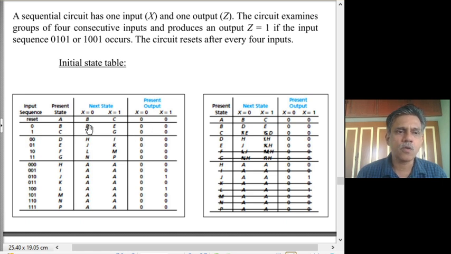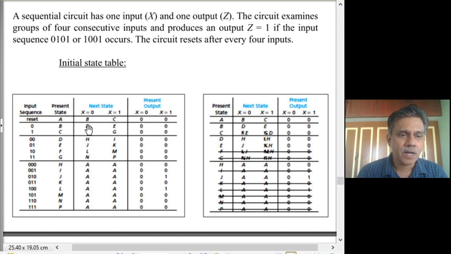So now from B you have gone to D or E, from C you have gone to F or G. 2 bits have come. So now when you get the third bit, you can be in any one of these 4 states. So that you have to handle. So what does D indicate? D indicates that the first 2 bits are 0 followed by 0.